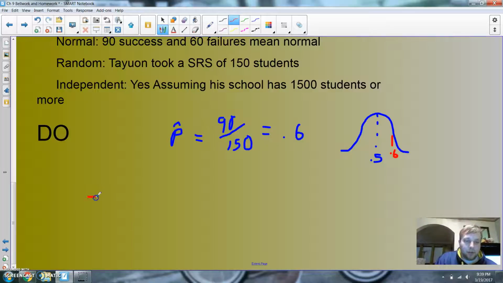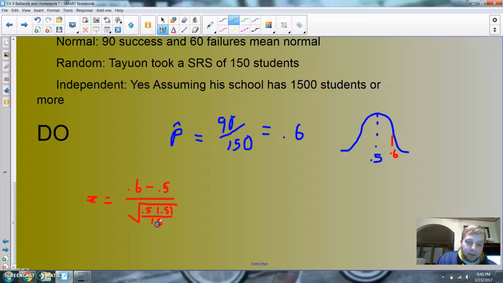So we're going to do a little z-score on this. It's what I got, 0.6, minus what I should have gotten if the hypothesis was correct, 0.5, all over the standard deviation. Remember, the standard deviation is based off of my normal curve, where the center should be at 0.5. So 0.5 times its inverse, which is 0.5 again, all over 150.